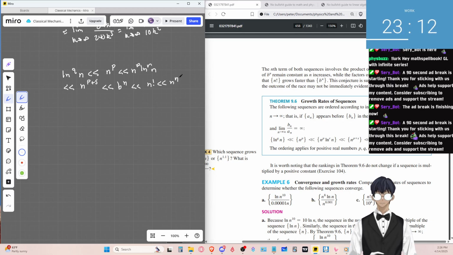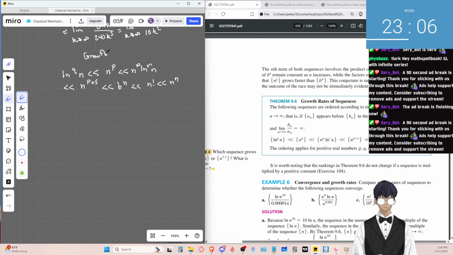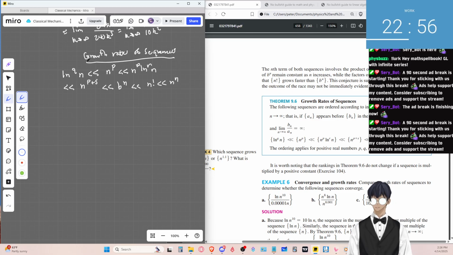Okay. So, growth rate of sequences. Yeah, I always forget this one. So what's a good way to remember this?